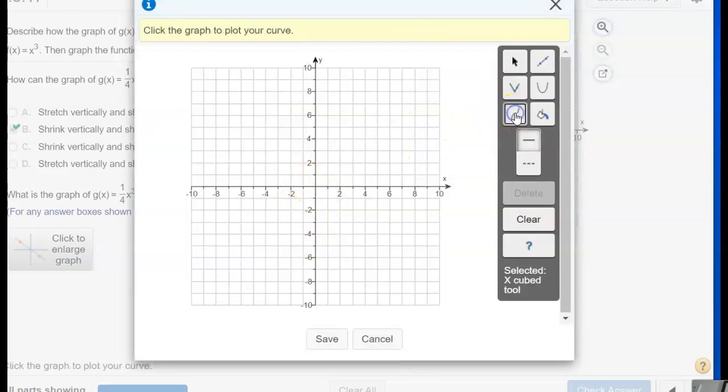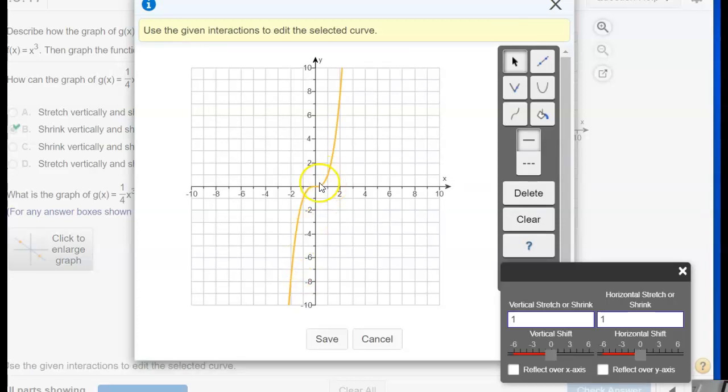Click the graph. Click the cubic. I want to plot -2, -8. And now we want to move this down 6 units. So I go down to -6.